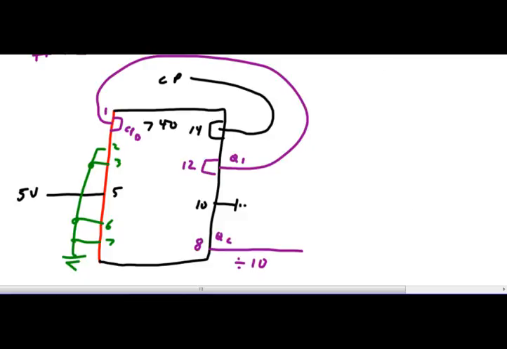Okay, so now I'm going to look at the other guy, and it's a divide by 12 guy.